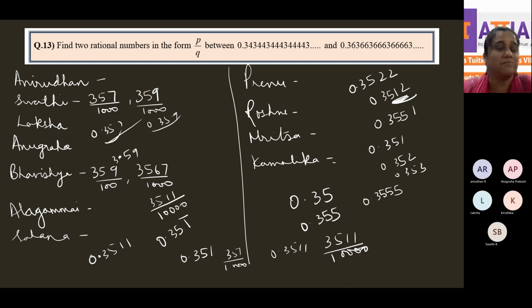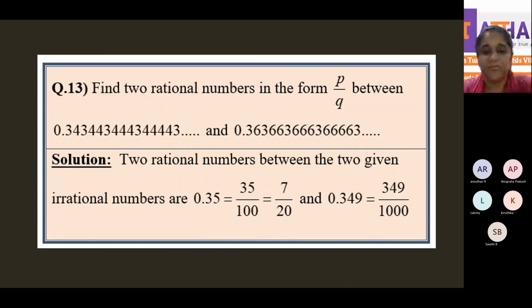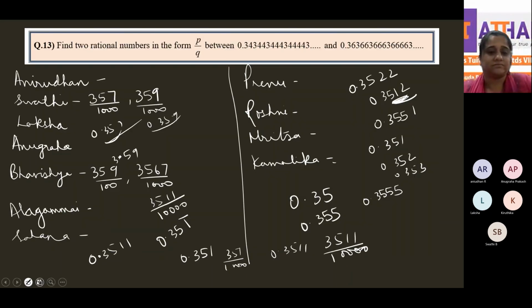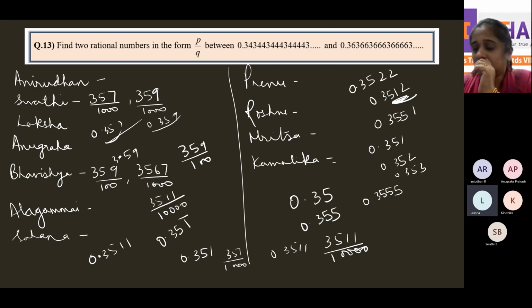Bhavishya says, Ma'am, when we write as 356 by 1000, should we simplify and get the answer?